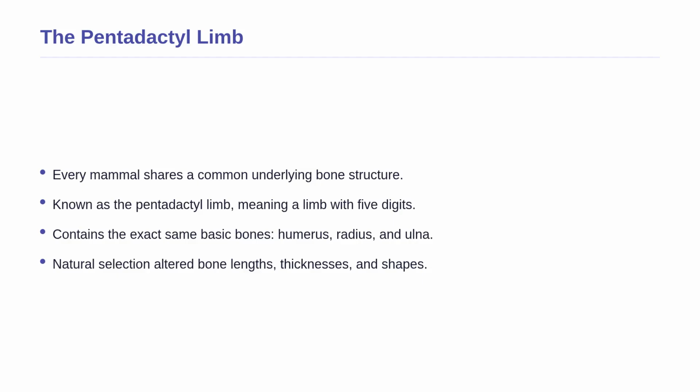This brings us to the anatomical evidence of these adaptations. Despite looking completely different on the outside, every mammal shares a common underlying bone structure known as the pentadactyl limb, which means a limb with 5 digits.